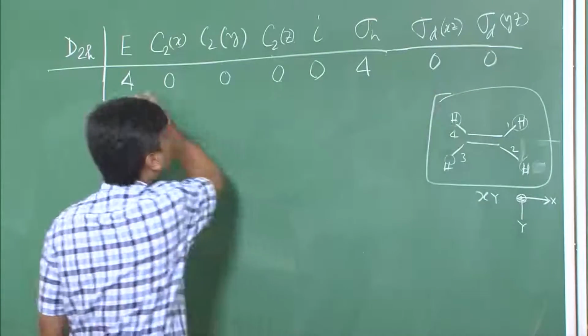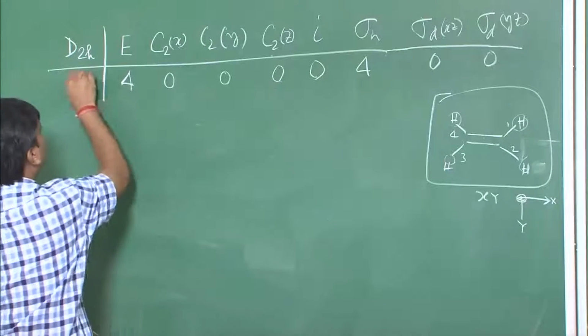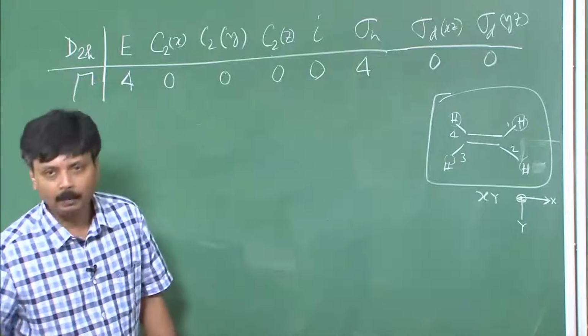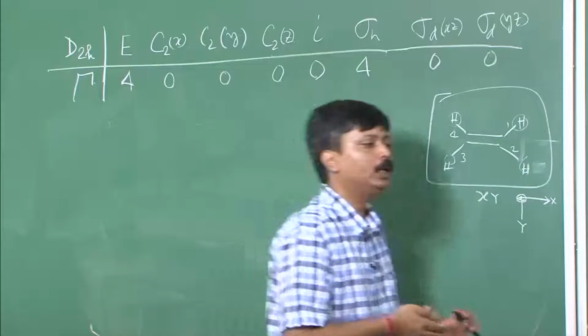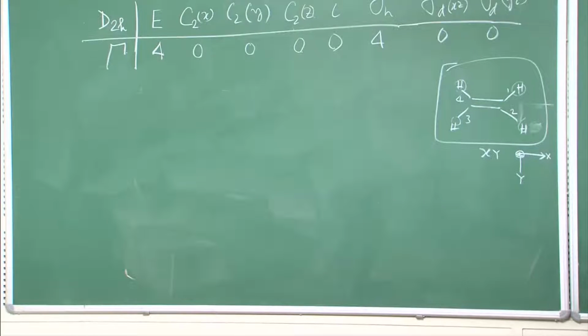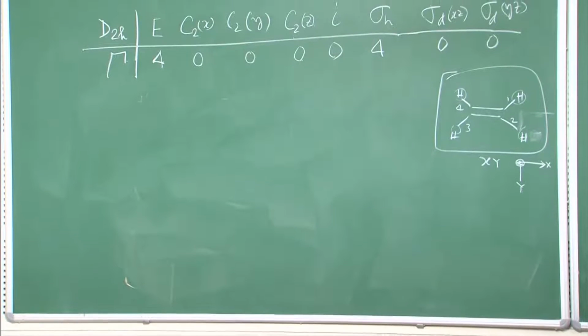So this is my representation, right? If I call this gamma, that's what my intention was. So the representation gamma is like this, and you can see how easily I could find that out, right? I didn't have to form a matrix or anything. Directly I could find the representation based on the characters, when you use these particular basis functions.